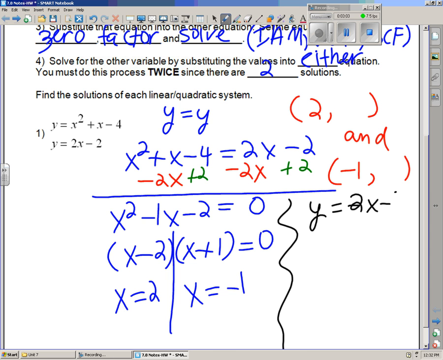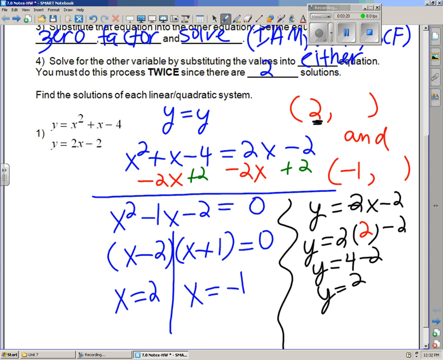Whoopsie, that's a 2x minus 2. When I plug in the first 2, in this case, when I plug in this guy first, I get 2 times 2 minus 2, or y equals 4 minus 2, or y equals 2. So this first ordered pair happens to be 2 comma 2. I'm going to come on this side just because I don't have that much room.